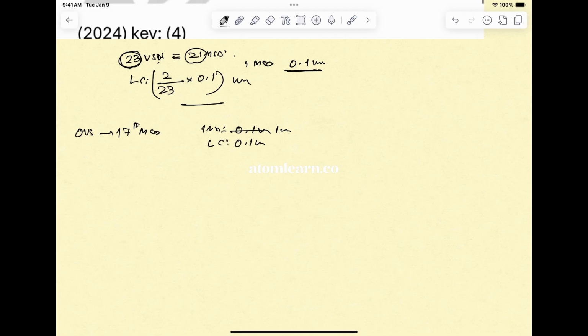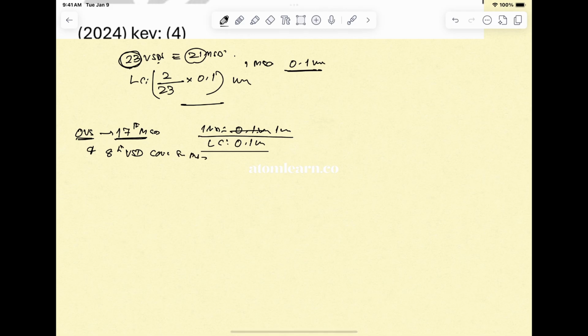Let me repeat: 1 MSD equal to 1 mm and the least count is 0.1 mm, and when you put the rod in between the jaws, you find the 0 of the Vernier scale is after the 17th MSD, and also the 8th Vernier scale division coincides with some main scale division.